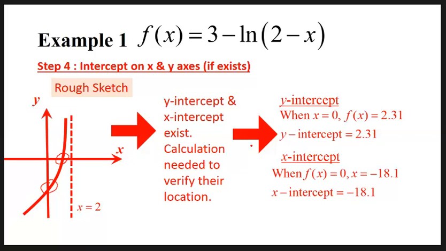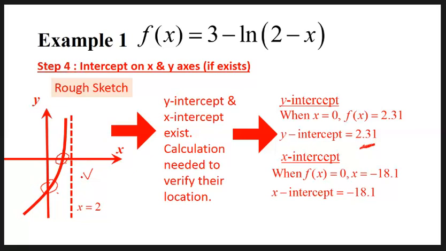Again, correct to 3 significant figures. And with this x and y value, as you can see, although the rough sketching tells us that there are y and x intercepts, this is not the actual position. The y-intercept is a positive value, whereas here it shows negative, and the x-intercept is supposed to be negative, whereas it shows positive.